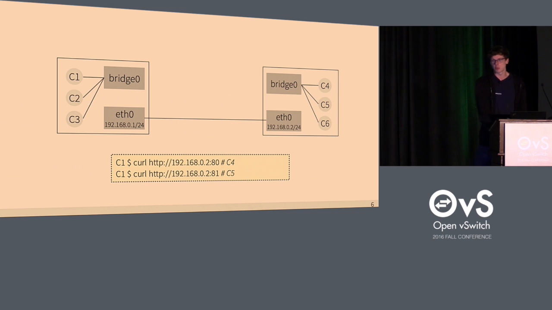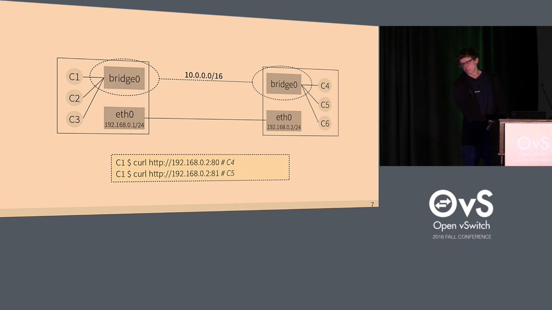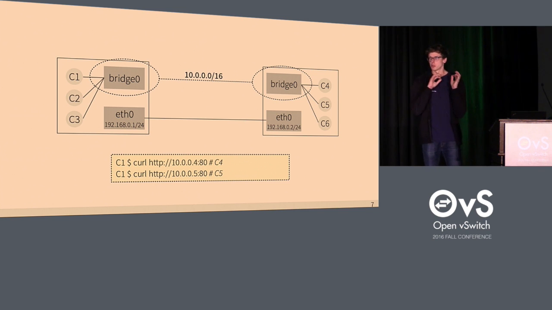And instead, we would like to make each container IP addressable. So it means that instead of doing this port mapping, we want to directly access a container. And one way to achieve that is to build an overlay network.